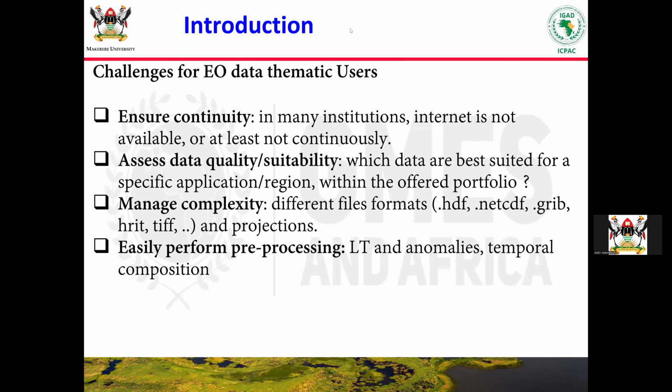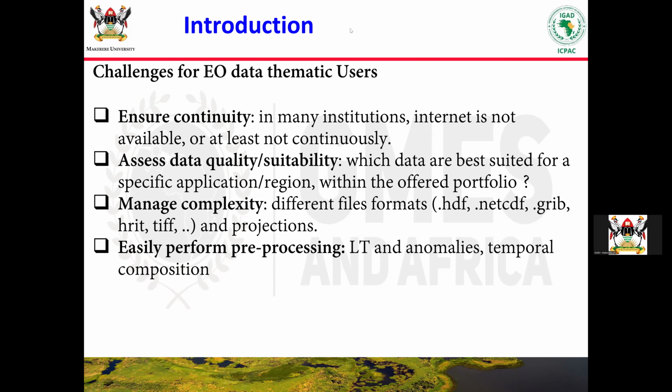So the other issue that we see is also the quality and the suitability of the data. We have this question: which data are best suited for which specific application, and for which area of interest? Let's say our area of interest could be a certain national park or a certain protected area in question, and also which portal is offering the data.